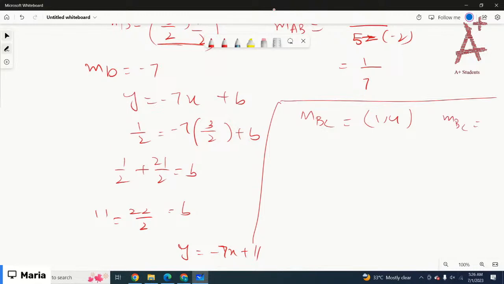The slope of BC is 4 over 3. Then the slope of the bisector is the negative reciprocal, which would be minus 3 over 4.